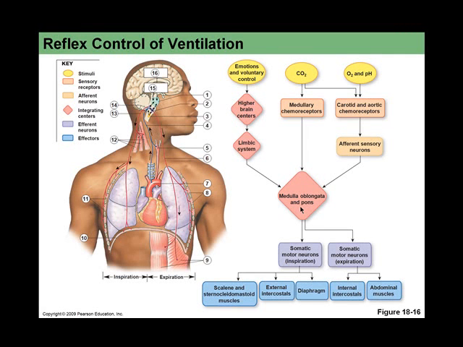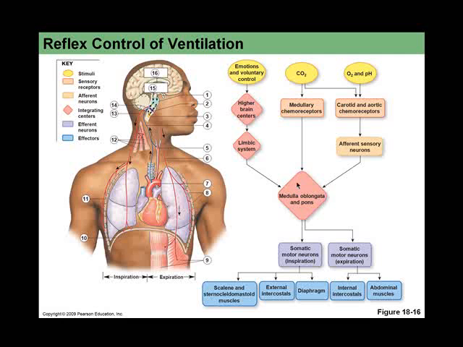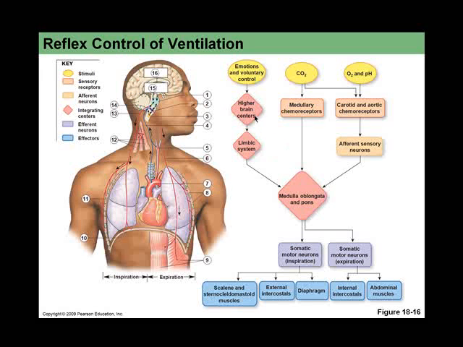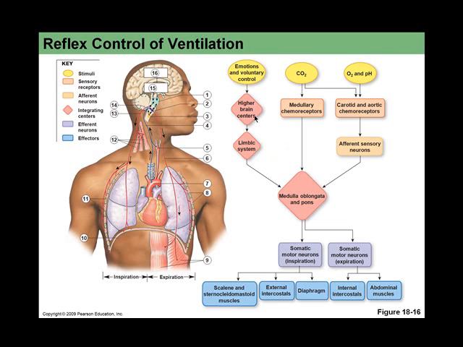And one thing that we know, because we breathe, and we've been in situations where we feel like we're suffocating, right? We know that there's information that comes up to the higher brain centers from the medulla and signals to us that we're not getting sufficient gas exchange.